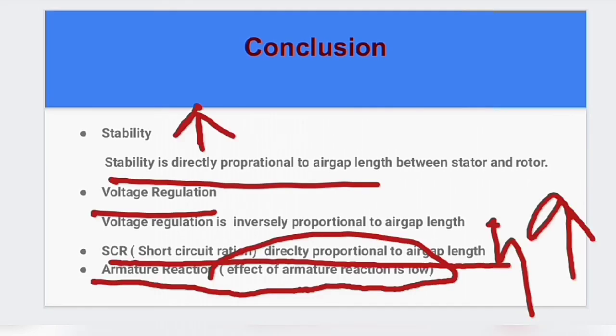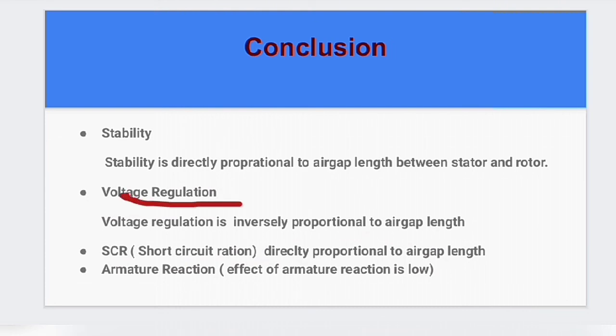Voltage regulation decreases, and we want to achieve 5% with a large size of alternator. The SCR, short circuit ratio, is directly proportional to the air gap length, so the SCR is more.